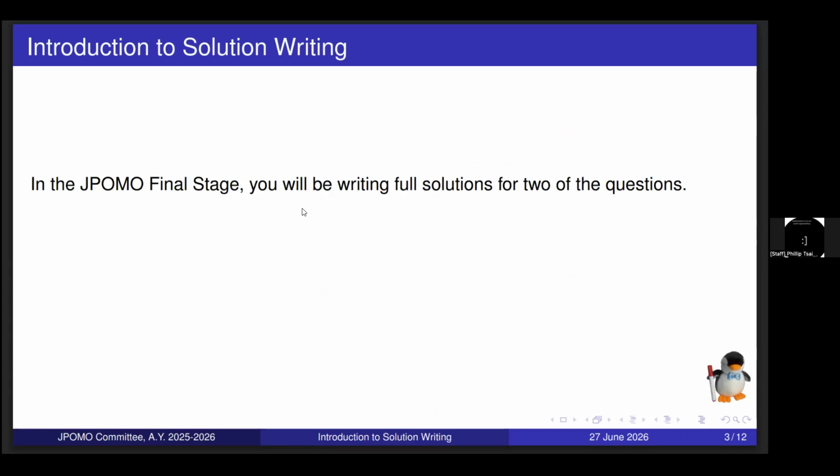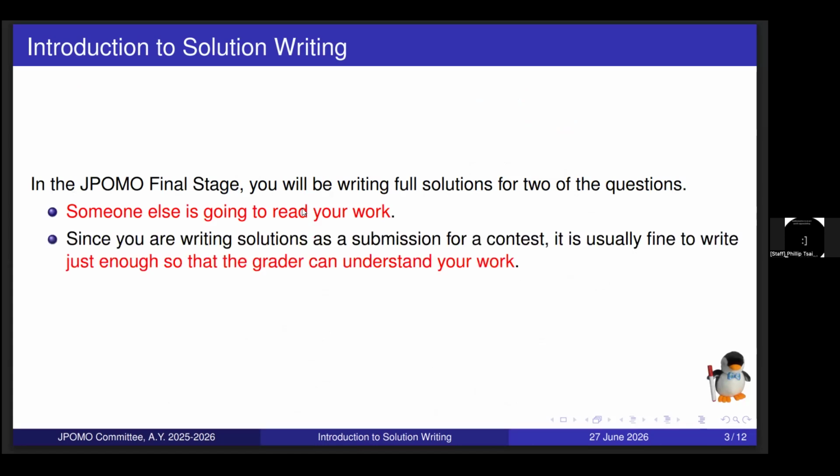In the JPOMO final stage, you'll be writing full solutions for two of the questions, 16 and 17. So someone else is going to read your work. Since you're writing solutions as a submission for a contest, it is usually fine to write just enough so that the grader can understand your work. How much is just enough?